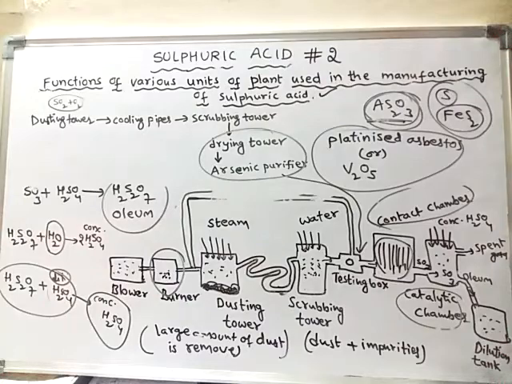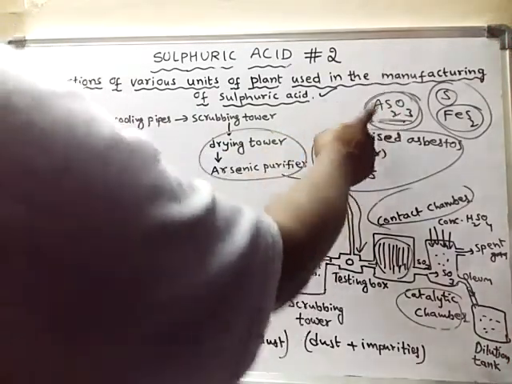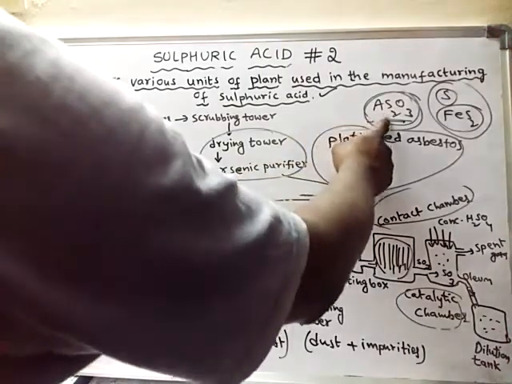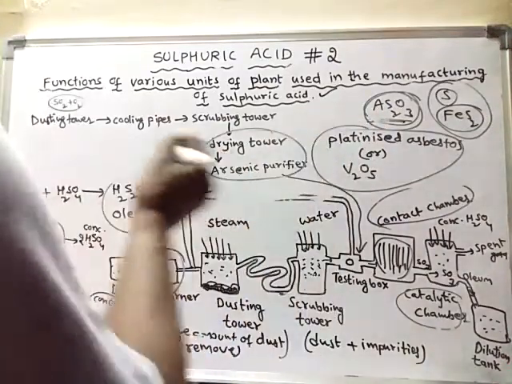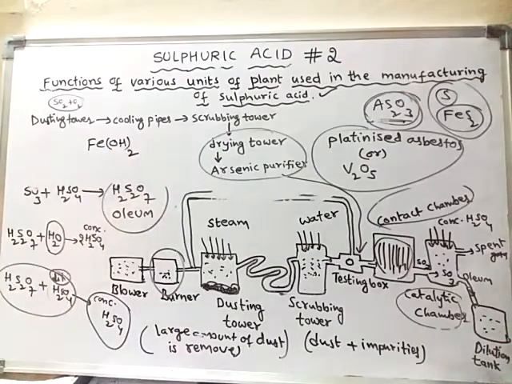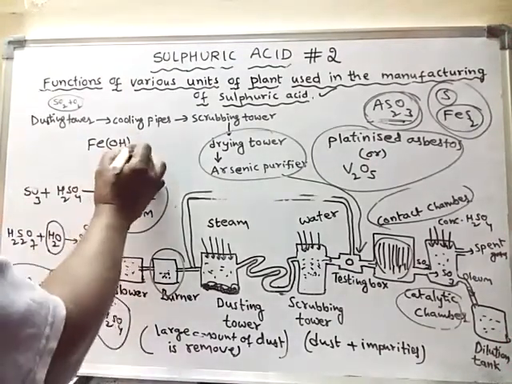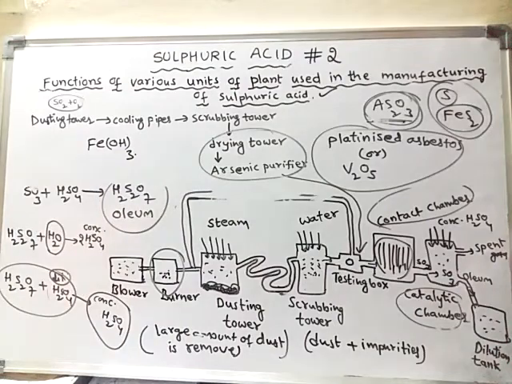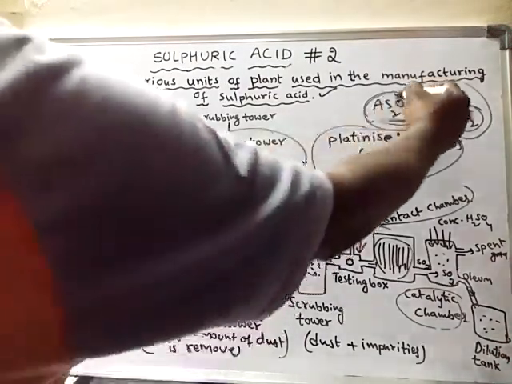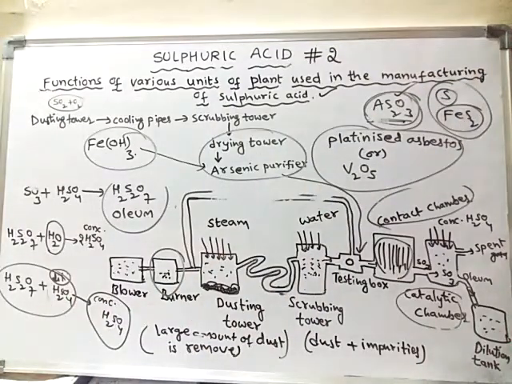So how do we remove this arsenic oxide? It is removed in the arsenic purifier. Here, by sending ferric hydroxide into the arsenic purifier, the ferric hydroxide will remove the arsenic oxide.